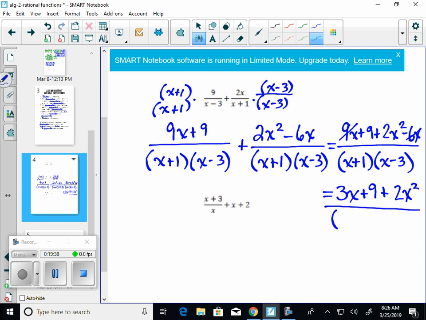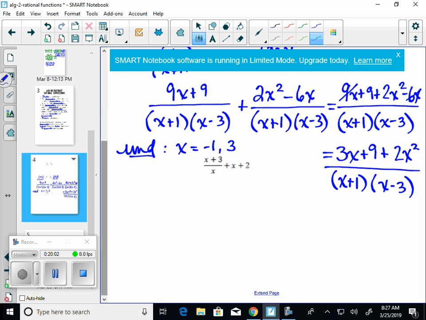And it's over that horrible denominator of x plus 1 times x minus 3. Are you able to already tell me undefined? What are your undefined values? So where x is -1 and +3. So I can go ahead and get that out of the way.